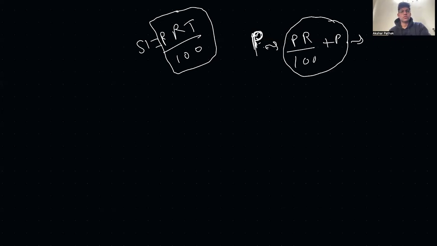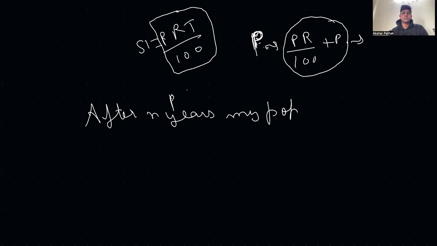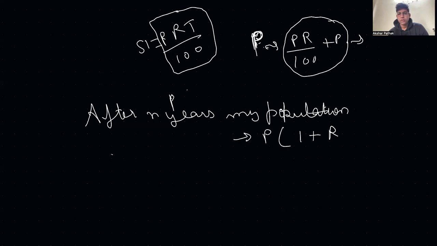Okay, so I can say that after n years, my population will be P into 1 plus R by 100 to the power n.